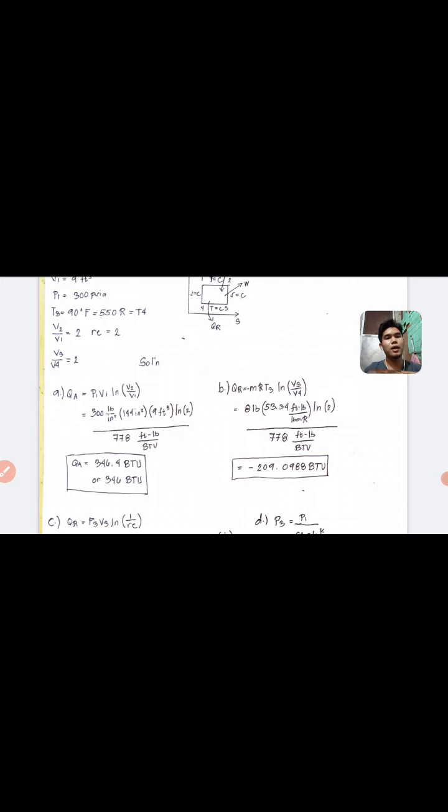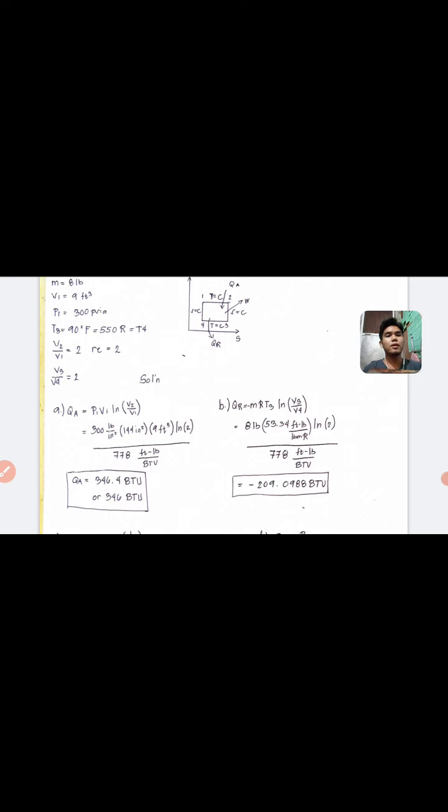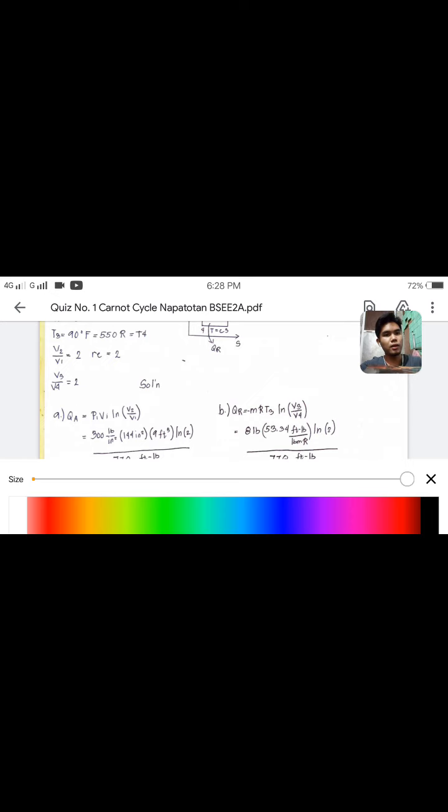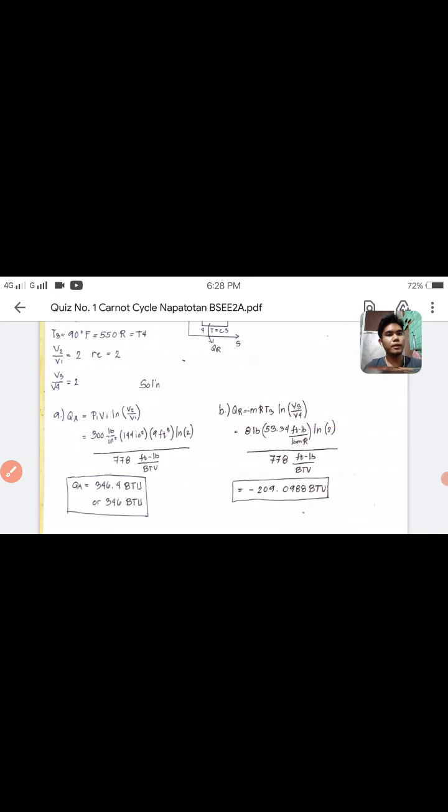Substituting the given values: the mass, which is 8 pounds, R, the gas constant of air, which is 53.34 foot-pound per pound mass Rankine, multiplied by T3, which has the value of 550 Rankine, multiplied by ln of V3 over V4, which is ln of 2, all over 778.